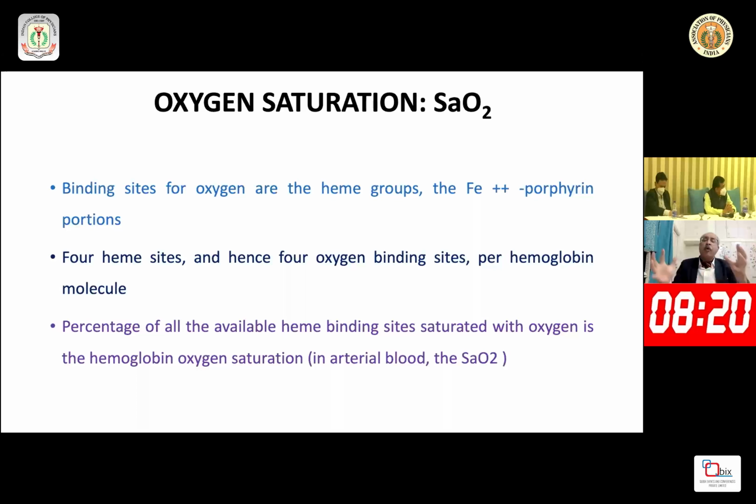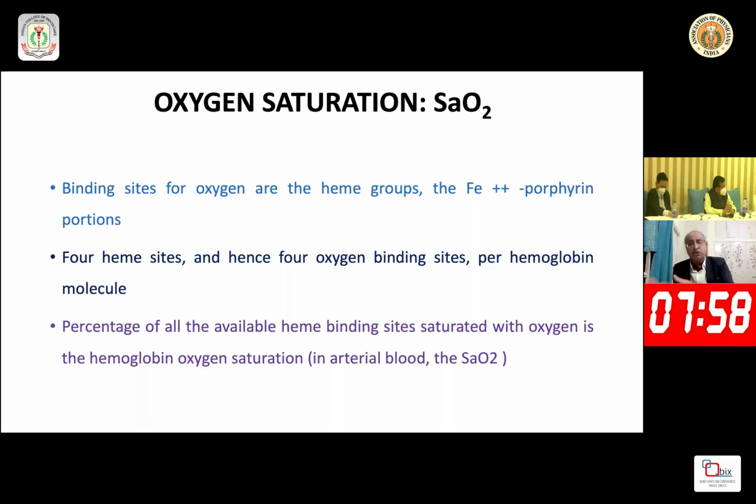In other words, of the heme molecules that are there, let's say you have X amount, how much of this X amount is actually attached with oxygen defines the oxygen saturation of the hemoglobin. We have used different terminologies. What is SaO2?